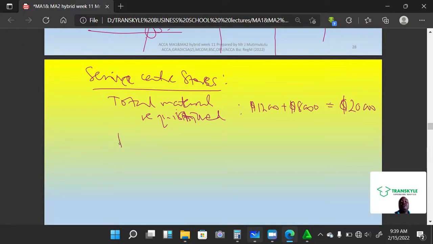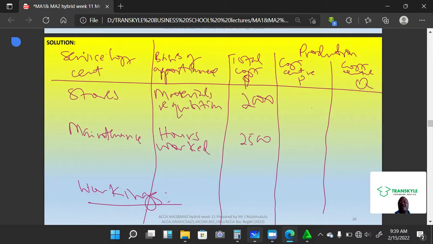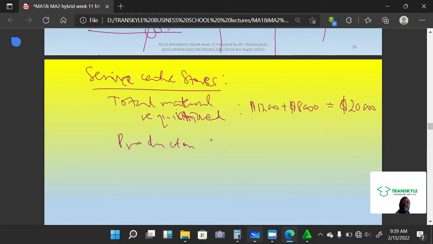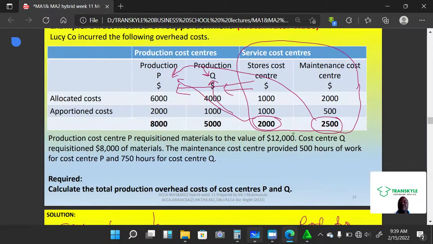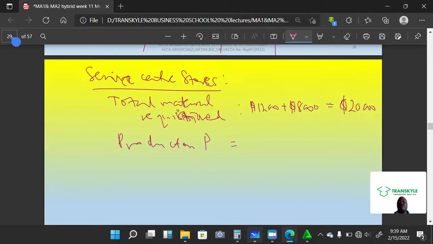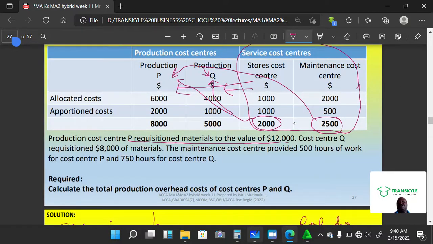So apportionment to production center P. Because P took 12,000 of materials and Q took 8,000, we say 12,000 over 20,000, multiplied by 2,000, because the stores service center incurred 2,000 in total.